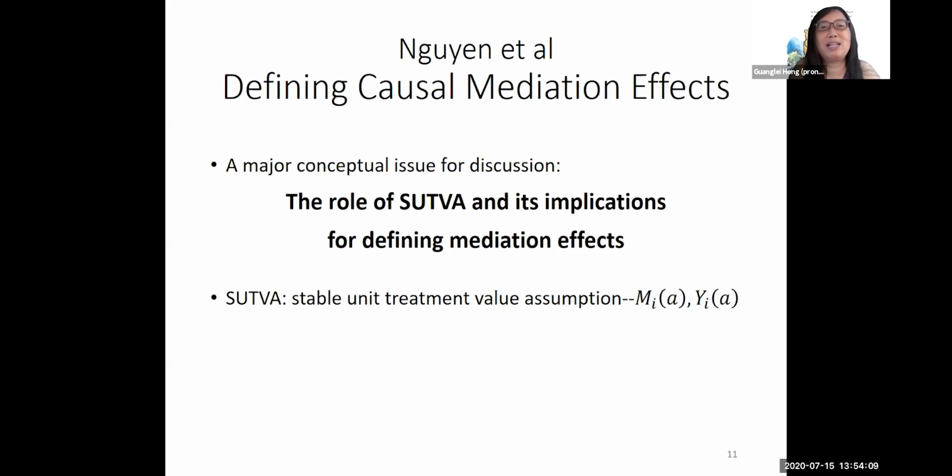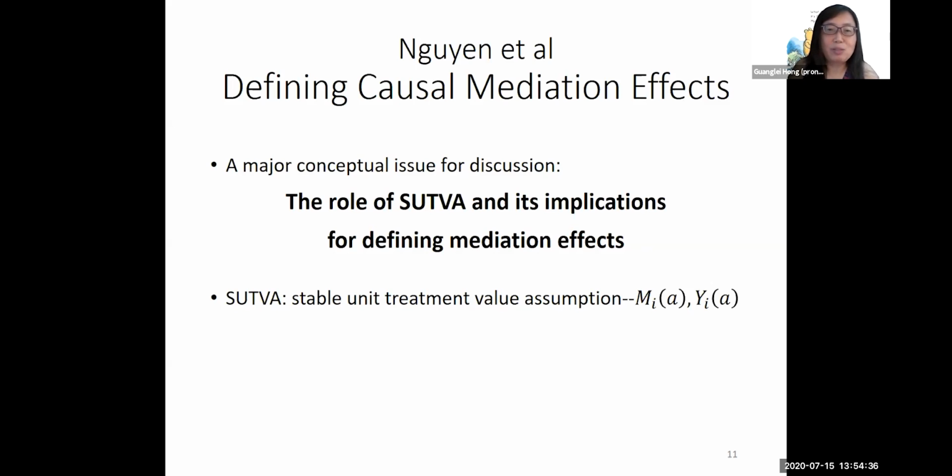A major conceptual issue that I think would be very interesting for discussion is the role of SUTVA and its implications for defining mediation effects. The whole paper is focused on definition, right? And usually when we talk about defining causal effects, people will bring in SUTVA, the stable unit treatment value assumption.